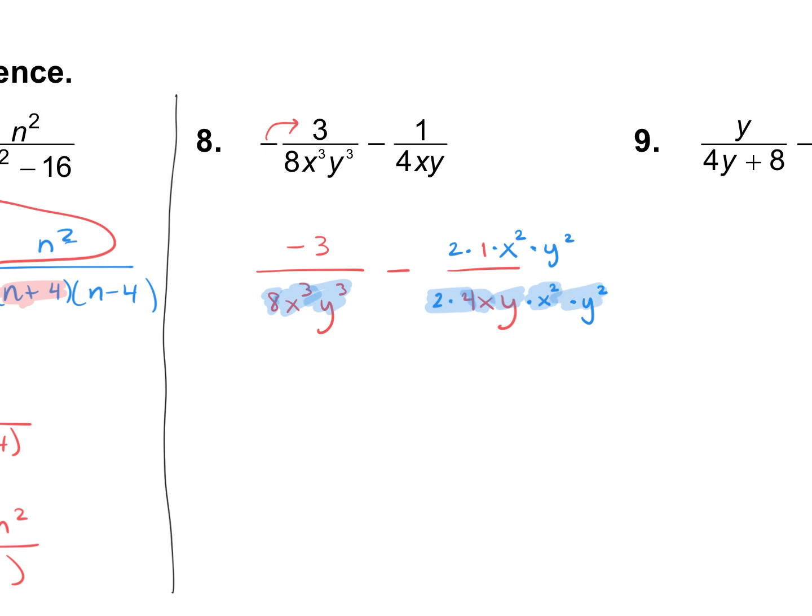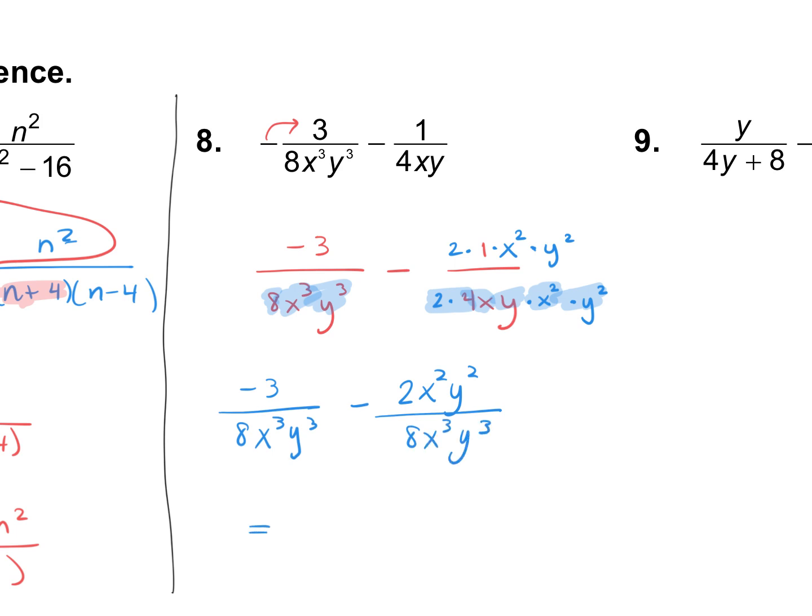Okay, so why don't we clean it up a little bit? Negative 3 over 8x cubed y cubed minus, if we multiply that second numerator, we have a 2x squared y squared all over 8x cubed y cubed.